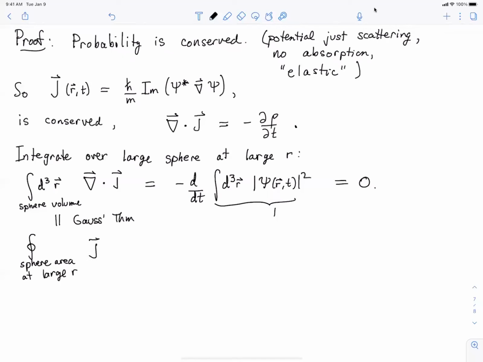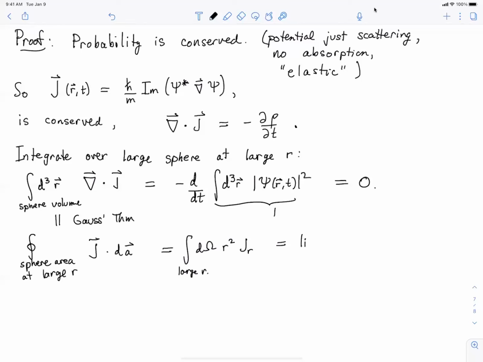Of the current dotted into the area element. And our current is in the radial direction, that is, particles are flowing in or out. So this is our integral d omega r squared of the r component of j. Again, this is at large R. We're making our sphere very large.